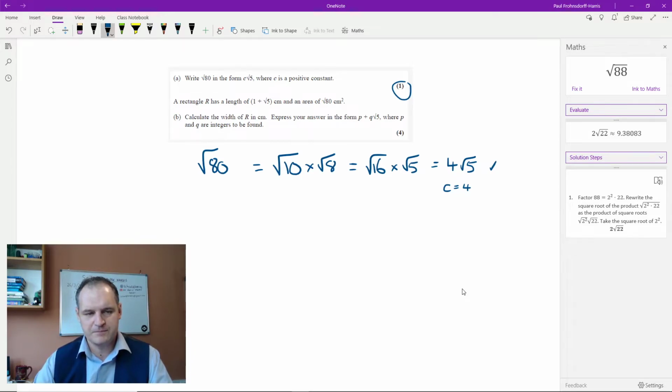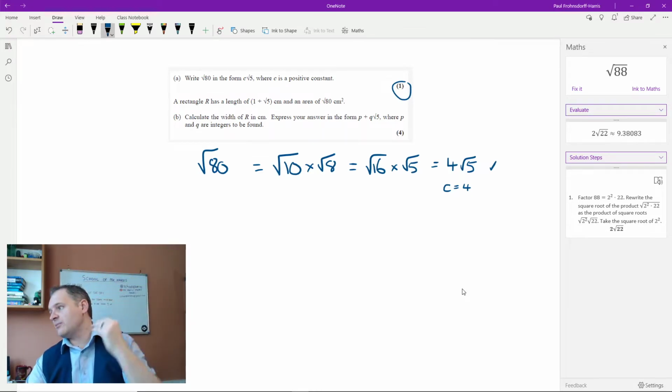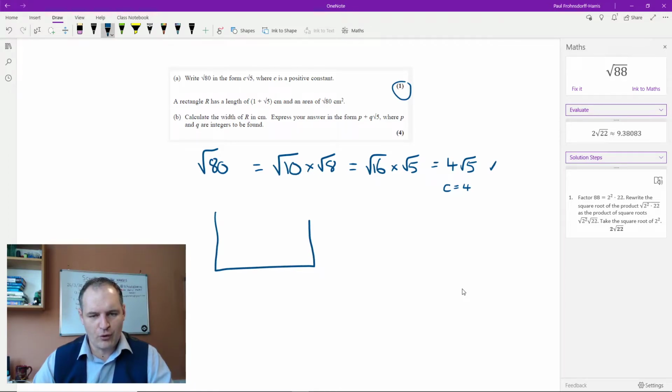The second question says, a rectangle has length 1 plus root 5. Now, one of my bugbears is when I see people doing a question like that with no diagram. So my first step when I do this question is to draw a rectangle.